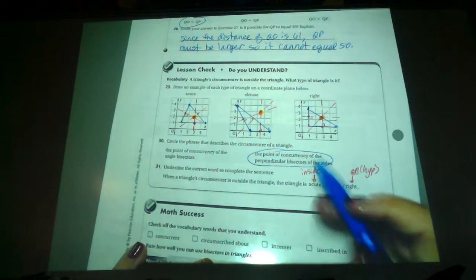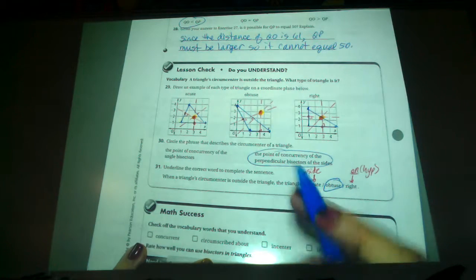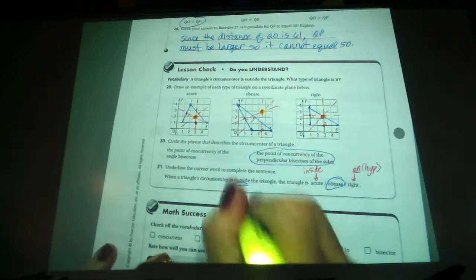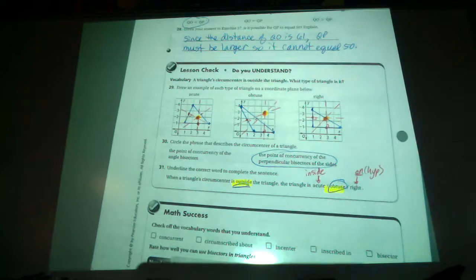And so the answer is the obtuse, that it's outside. So the one that they're looking for is that one right there. And make sure you have those pictures to show it. Any questions on that? Okay.